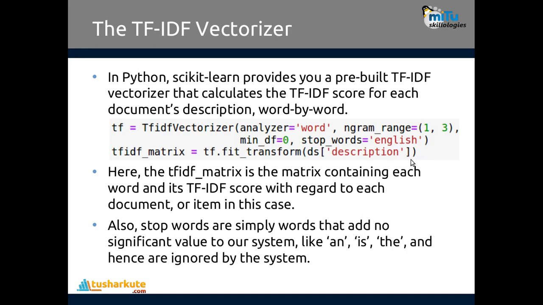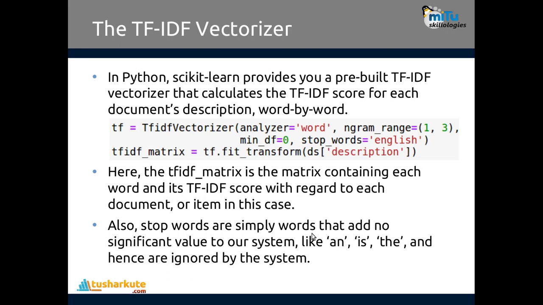Most importantly, when you create this object, I am using stopwords of English, ngram range 1 to 3, and minimum df 0. Then fit transform based on description. What is description? The data set's description column is what I am going to vectorize. So this is a matrix containing each word and its TF IDF score with regard to each document, or item in this particular case. Also, we are going to remove the stopwords.